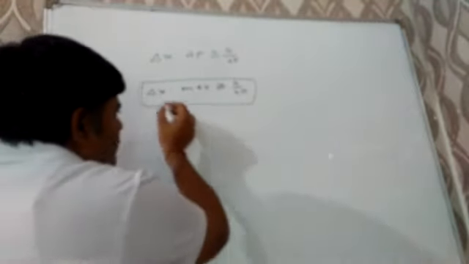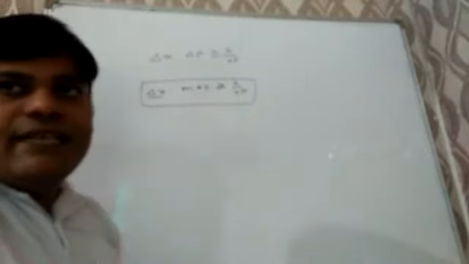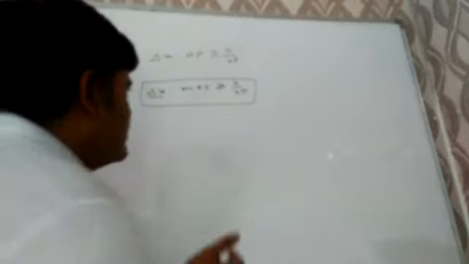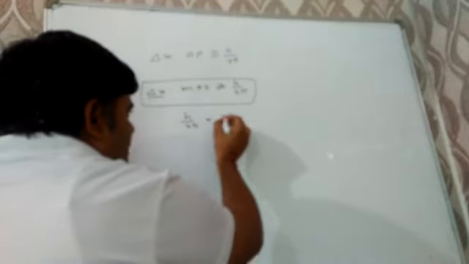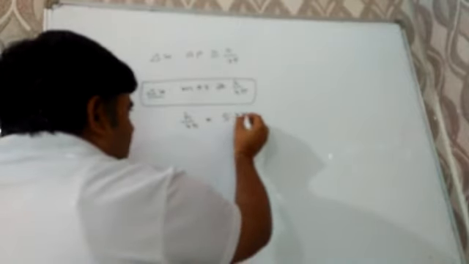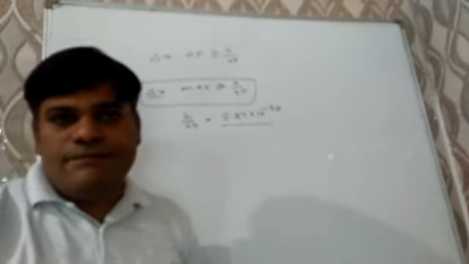Where delta x is the uncertainty in position, m is the mass of the particle, delta v is the uncertainty in velocity, h is Planck's constant, pi is the mathematical constant, and the value of h upon 4 pi we can take as 5.27 into 10 to the power minus 35. Its magnitude is this. Now we can do the numericals on the basis of this.